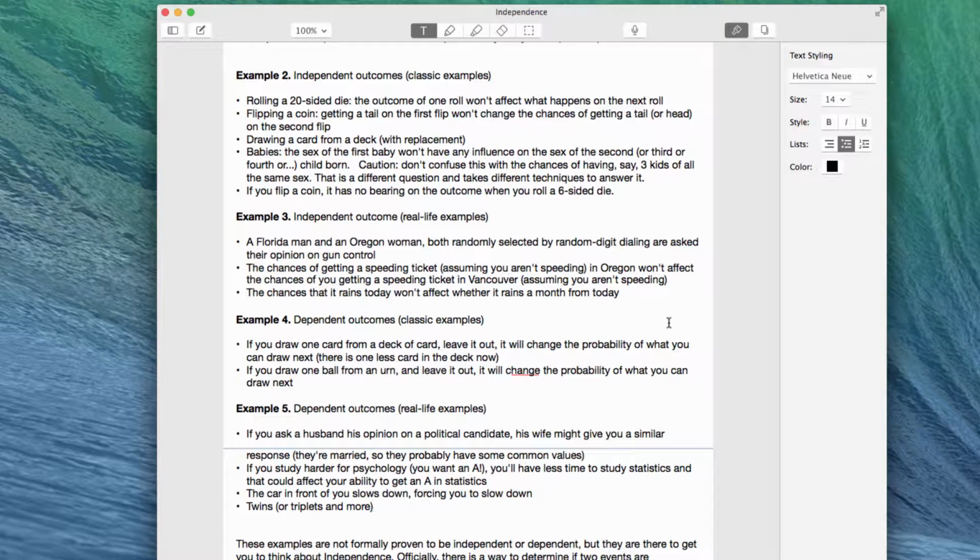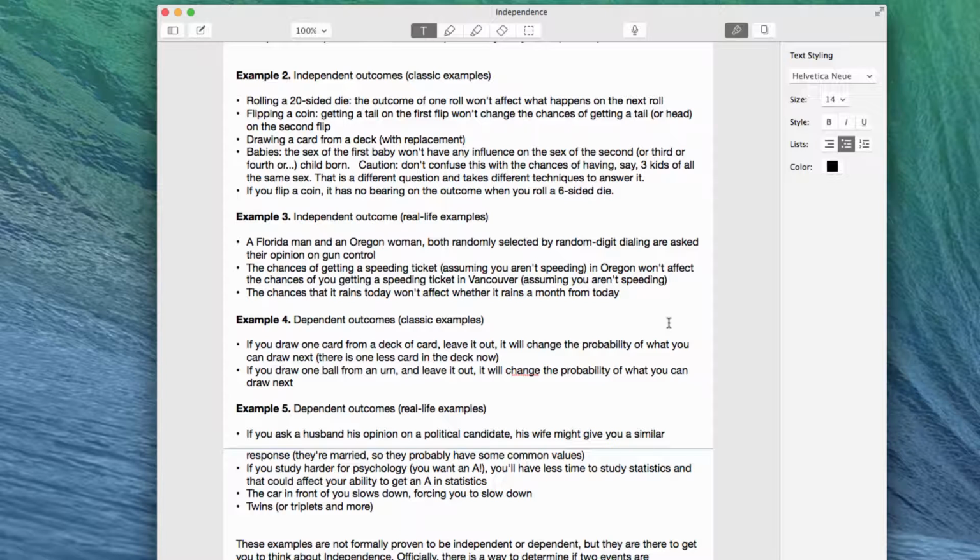So even if the 2 people are related to one another, the intention was that you went out there and independently selected, and that's okay. That's all that matters. If you get a speeding ticket in Oregon, it won't affect the chances of you getting a speeding ticket in Vancouver, assuming you're not speeding in either place. 2 different regions, different police departments, so there won't be a higher chance of getting a speeding ticket in Vancouver than if you're still not speeding in Oregon.